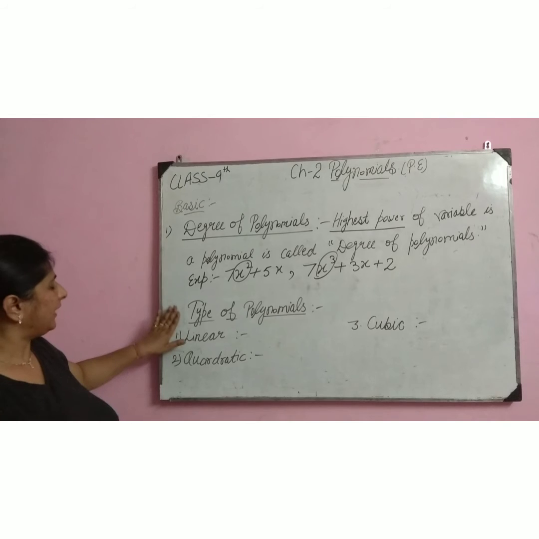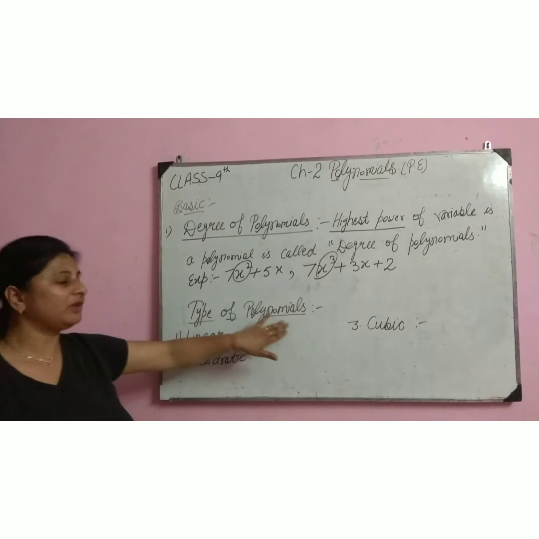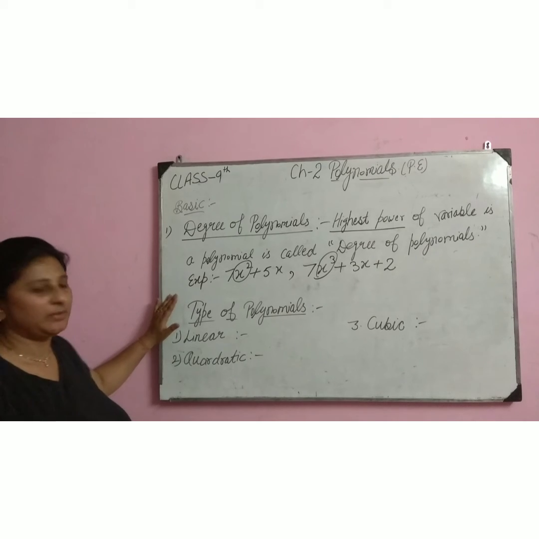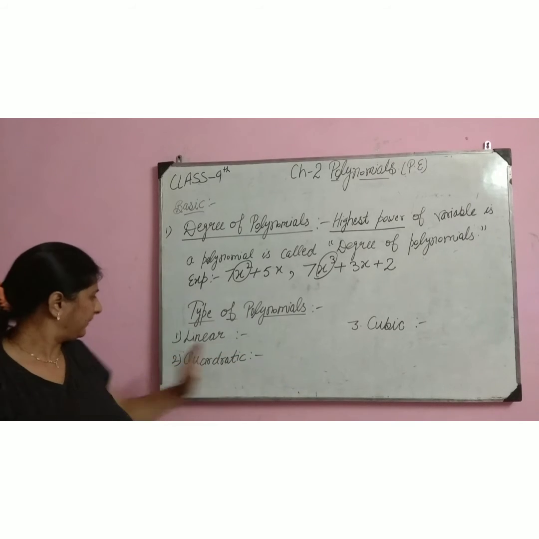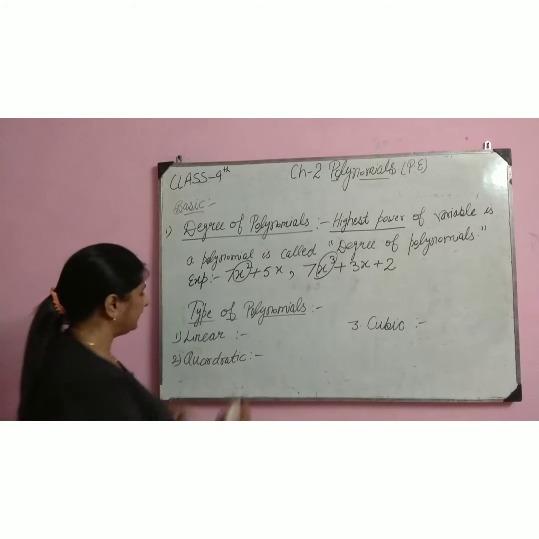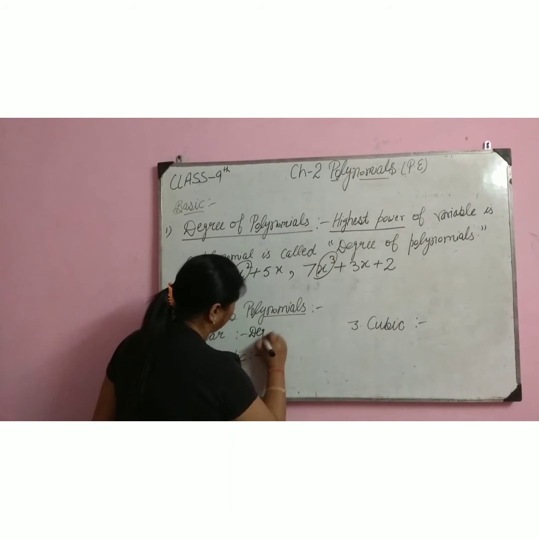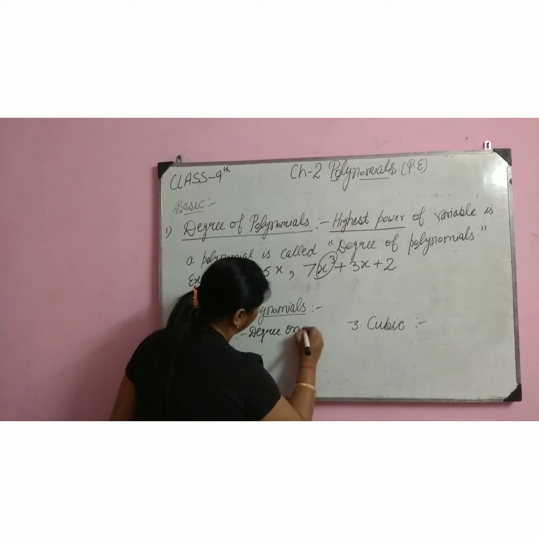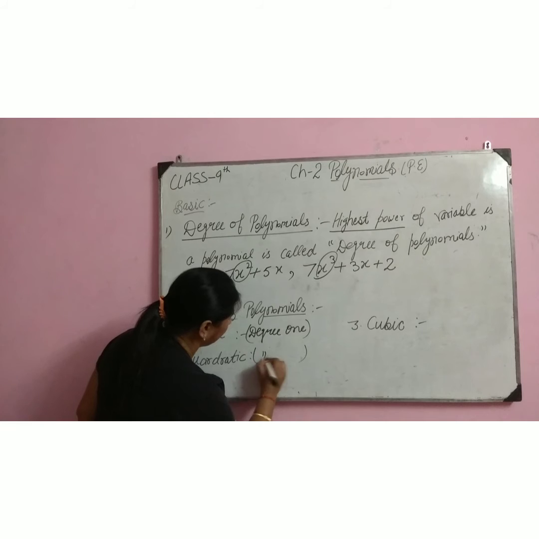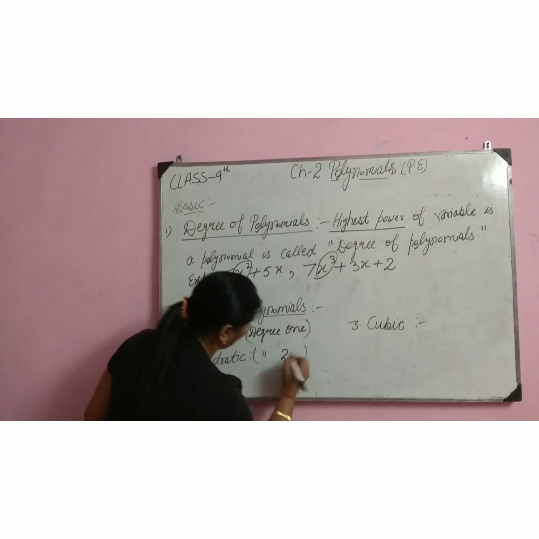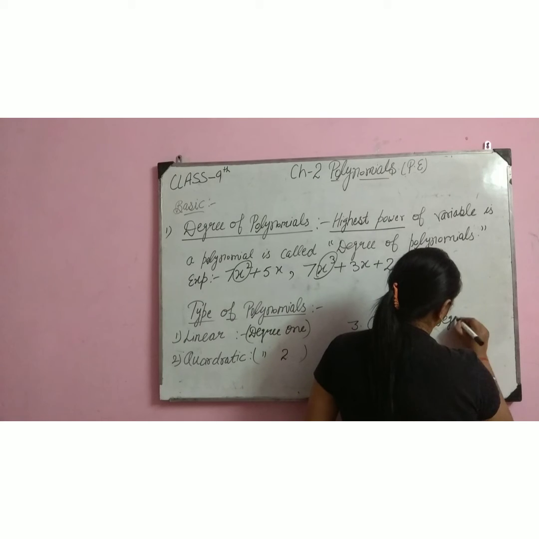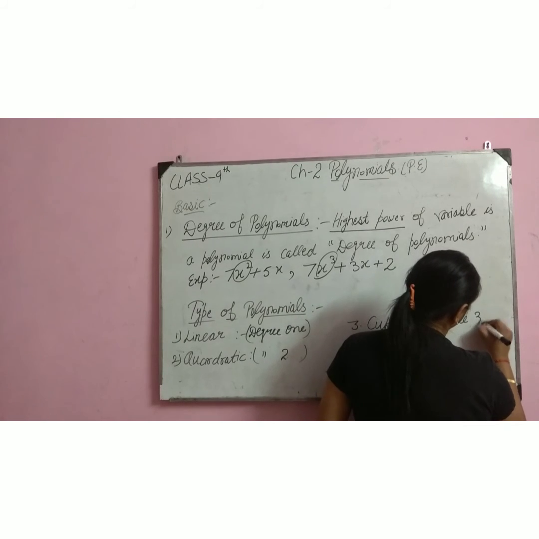Now we divide polynomials into 3 parts. We have a lot of parts, but according to our syllabus we have only 3 parts here: linear, quadratic, and cubic. Linear is degree 1, quadratic is degree 2, and cubic is degree 3.